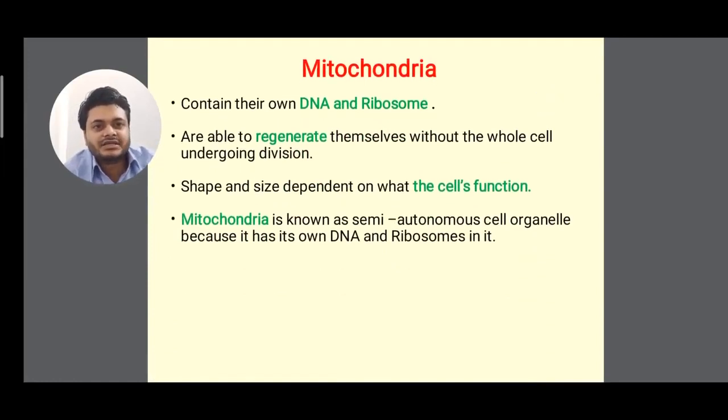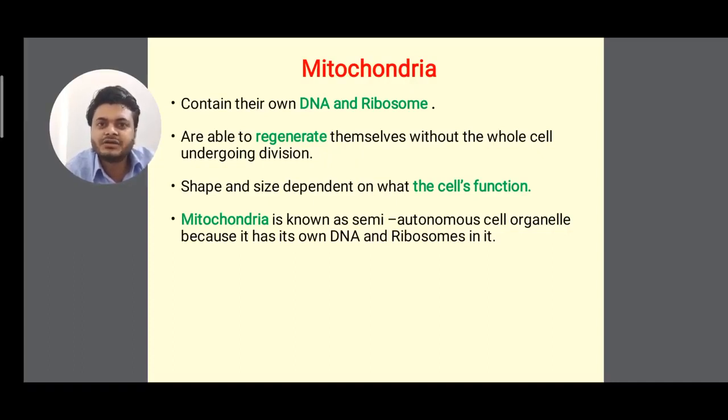Mitochondria contain their own DNA and ribosomes, so they do not depend on any other cell organelle. That's why it is called a semi-autonomous cell organelle. Chloroplast is also a semi-autonomous cell organelle.